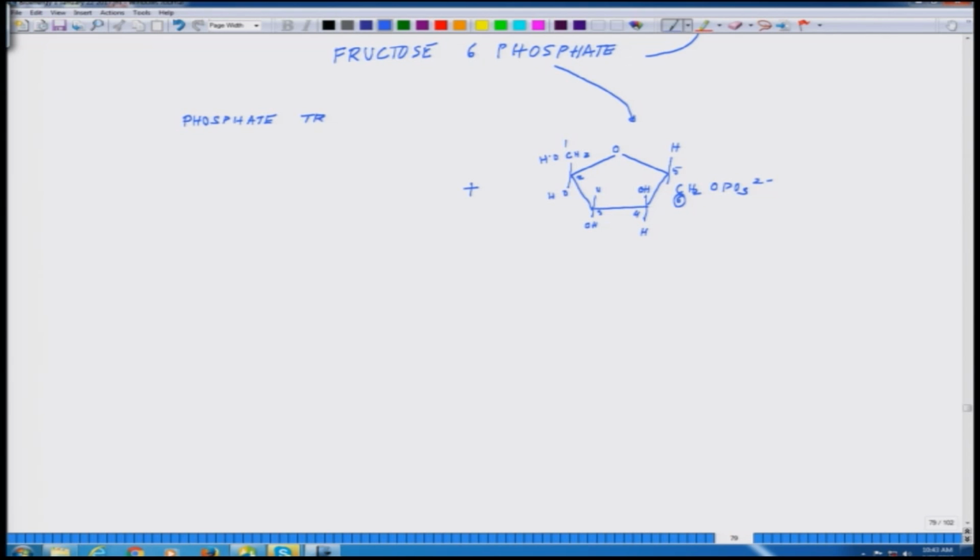Phosphate translocator. So, this phosphate translocator is a molecule like this, and these phosphate translocators are fairly rich in the chloroplast.